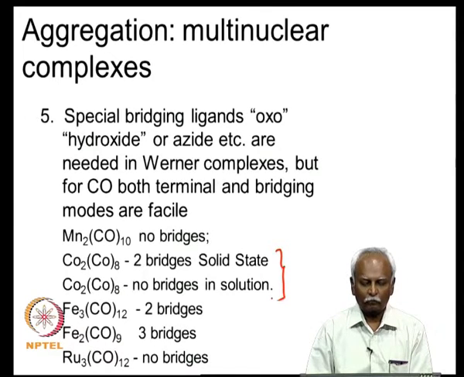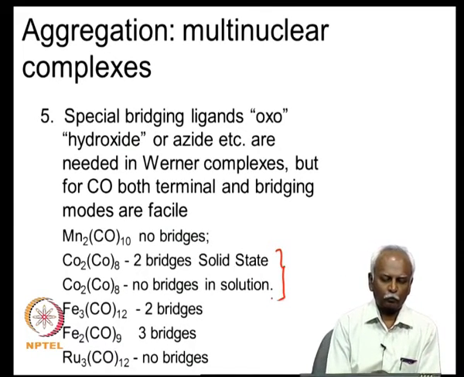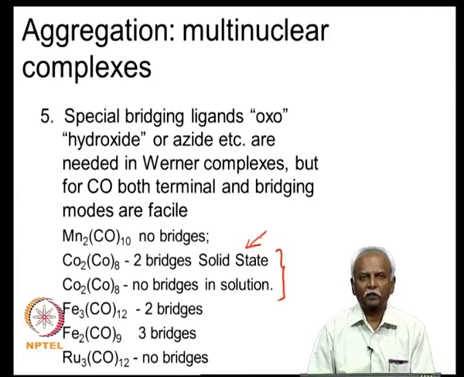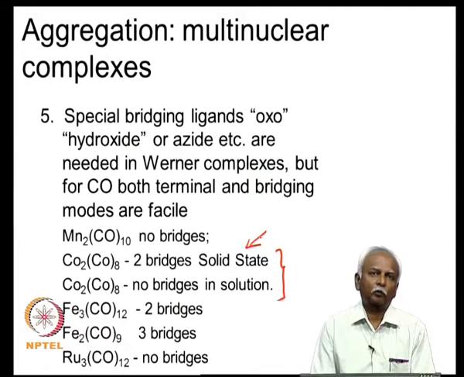In the solid state, Co2(CO)8 has two bridges. In the solution state, there are no bridges in the dimeric species that is formed. So, it appears that there is a very delicate balance between carbon monoxide being a bridging ligand or a terminal ligand.